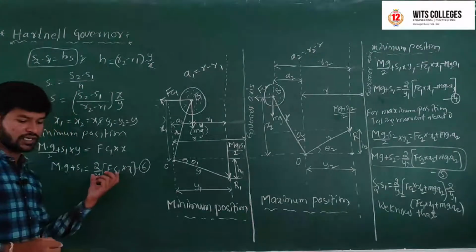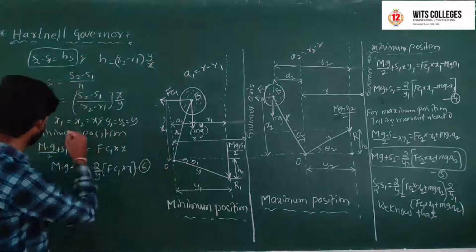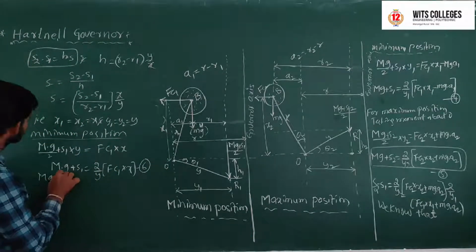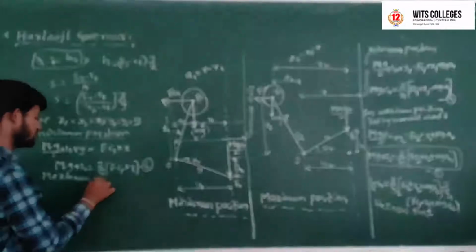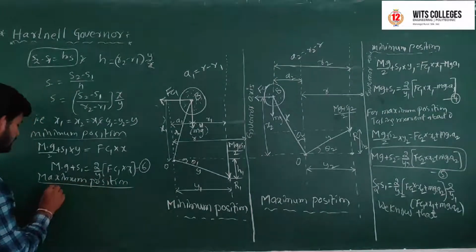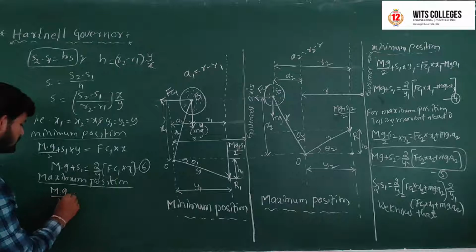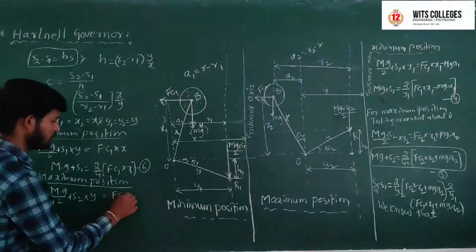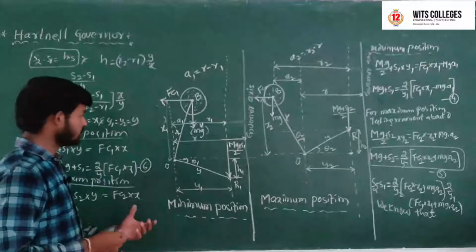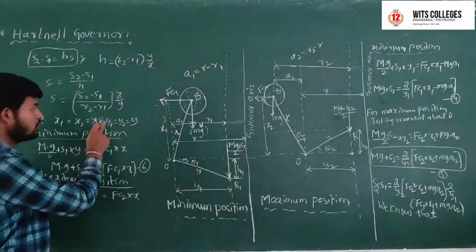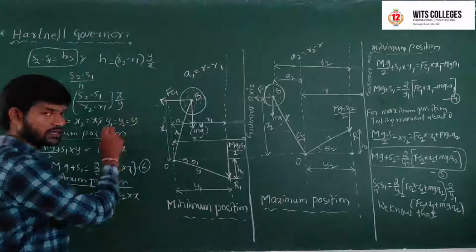Okay, this is the minimum position. Next, the maximum position. Here we write the maximum position: mg/2 plus s2 into y equals fc2 into x, because x1 equals x2 equals x and y1 equals y2 equals y.